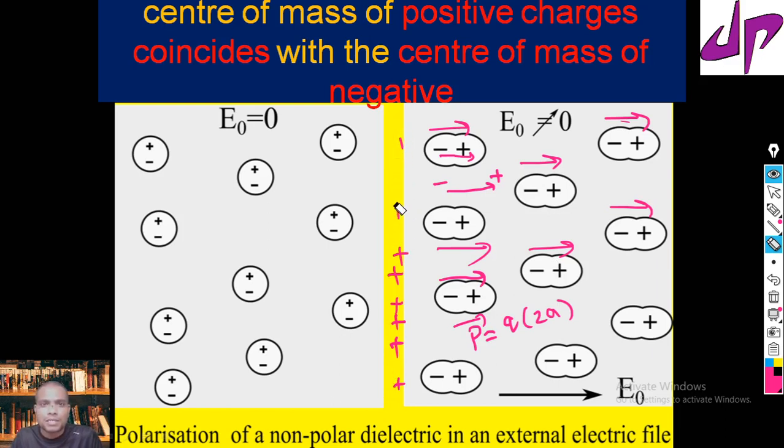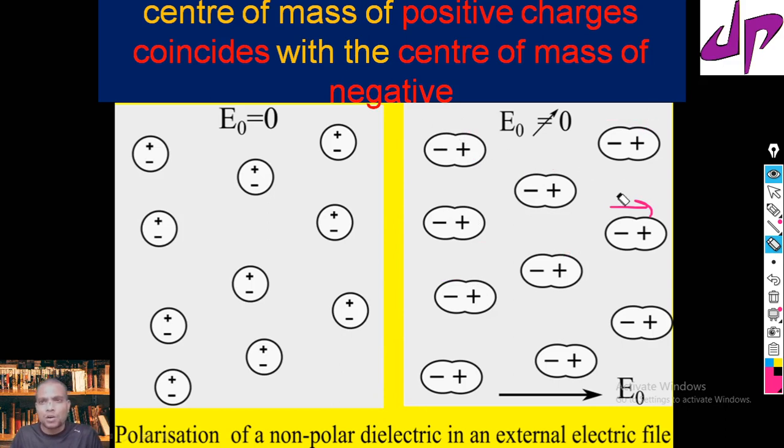So that's the reason why, even though they are non-conductors or insulators, they are affected by the external electric field, because the external electric field causes an induced dipole moment in the atoms of polar molecules and non-polar molecules.